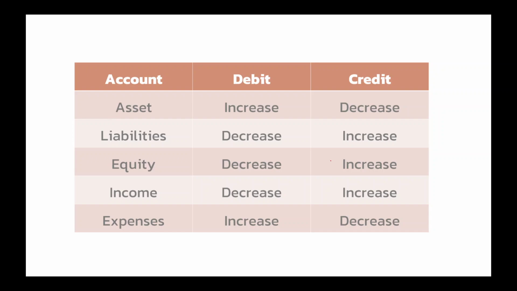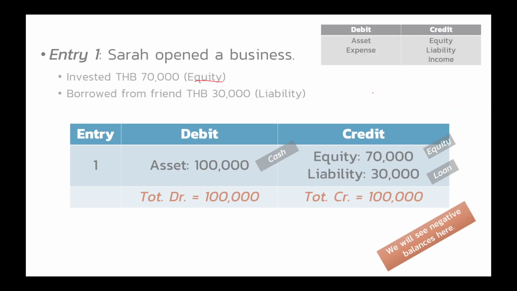If somebody invests in my company, my equity increases, so I have to record it on the credit side. That's why the 70,000 baht goes to the credit side right here, under equity. The credit side, you can think of as a negative number, or just as the credit side.